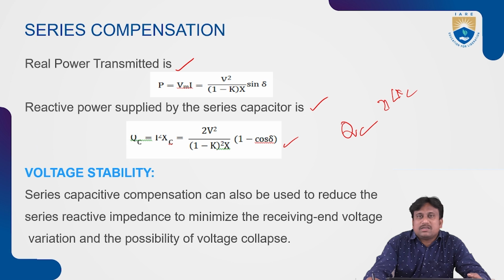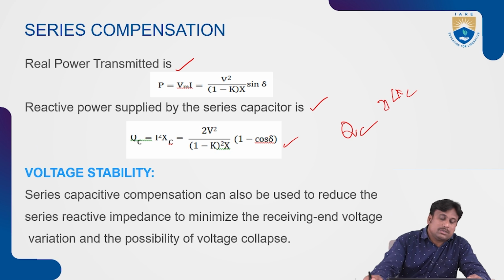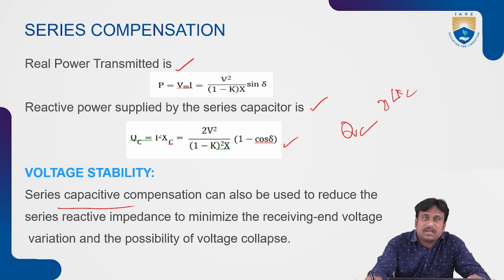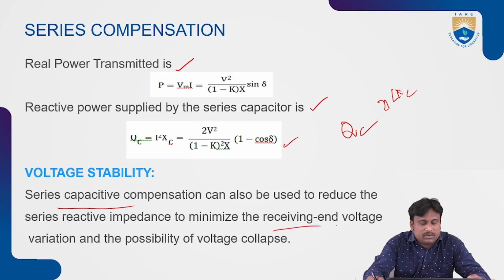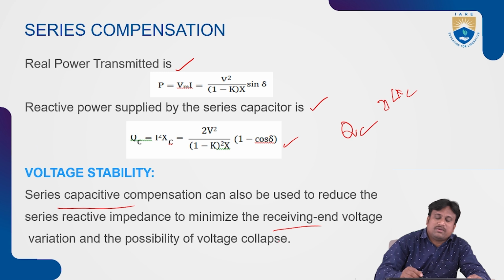Voltage stability is one of the major factors that influence the whole reactive power compensation strategy. Series capacitive compensation can also be used to reduce the series reactive impedance. This minimizes the receiving end voltage variation and the possibility of voltage collapse.